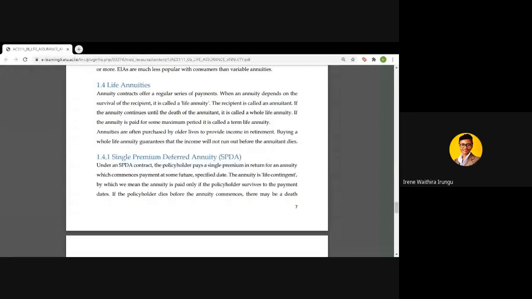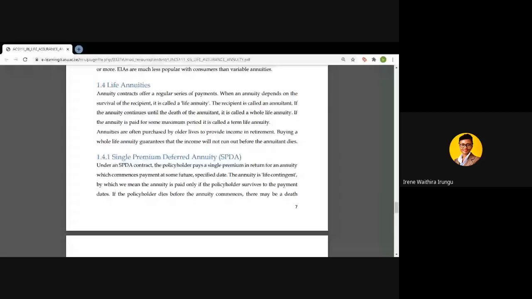Okay, so we now want to look at life annuities. With the assurances, we have determined that benefits are payable upon death, except for the endowment, which is payable again at maturity. Now with the life annuities, there are different types of contracts.